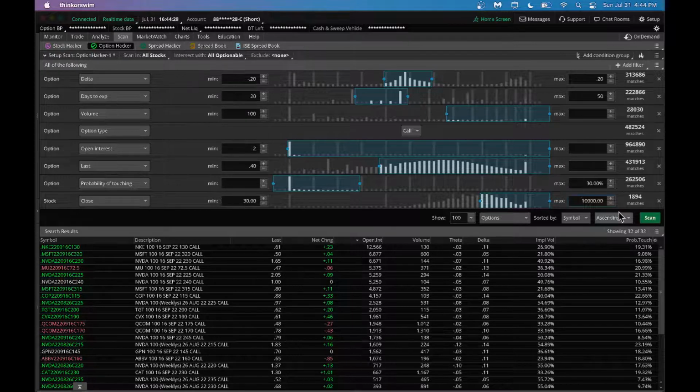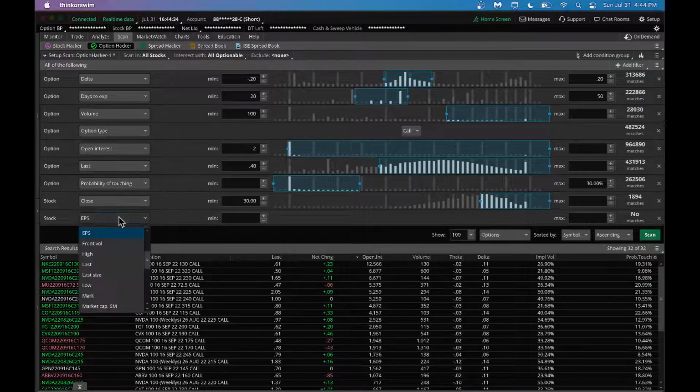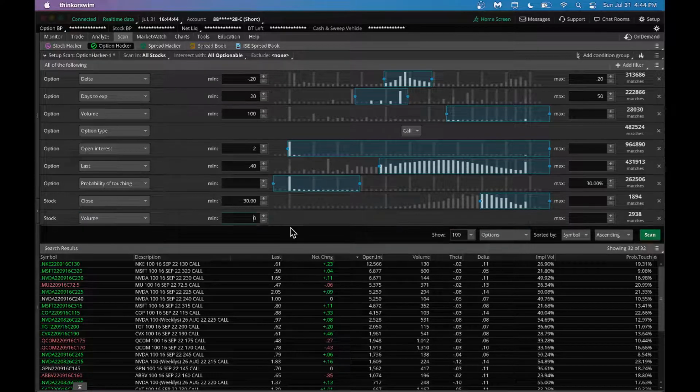And I would also add a volume filter. You can go back here, add filter, and say stock, and I would say volume. All right, so volume, let's say minimum 1 million shares traded, so that way we get liquid ones.